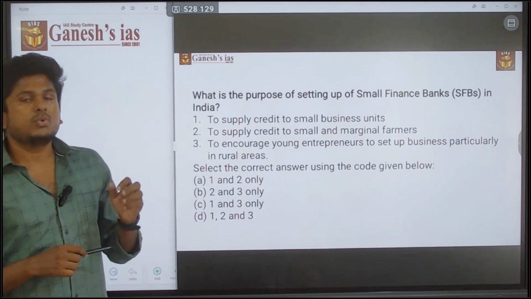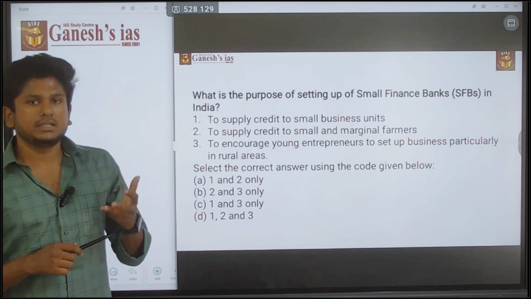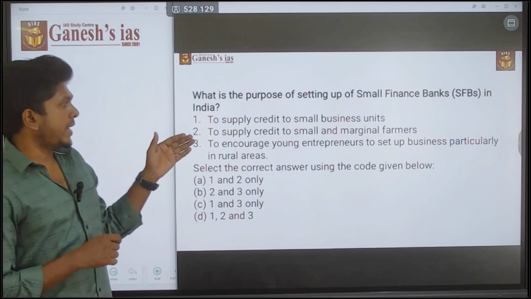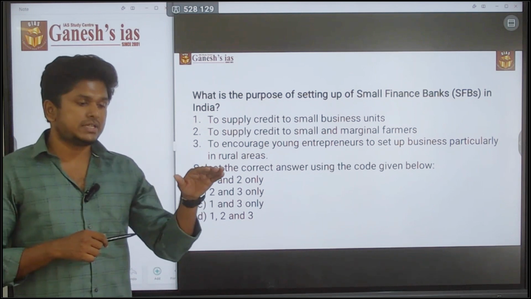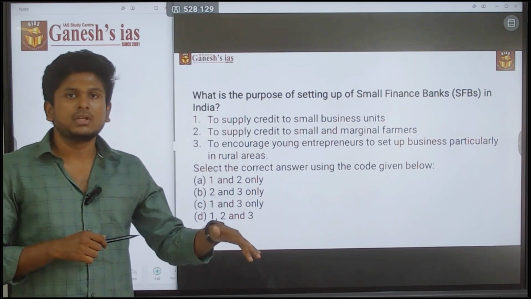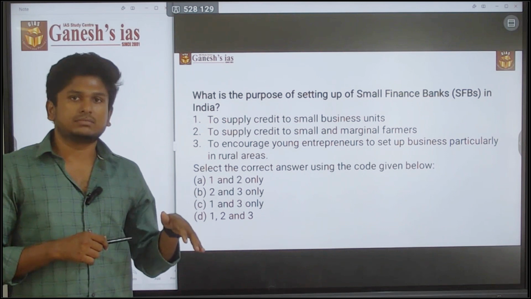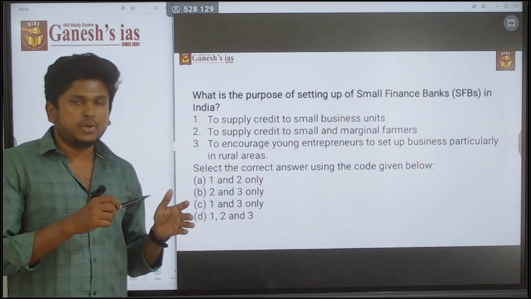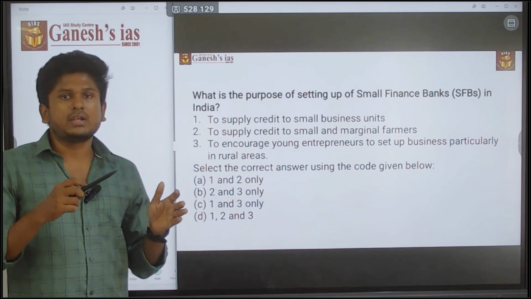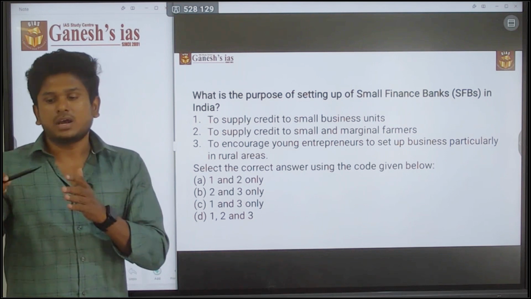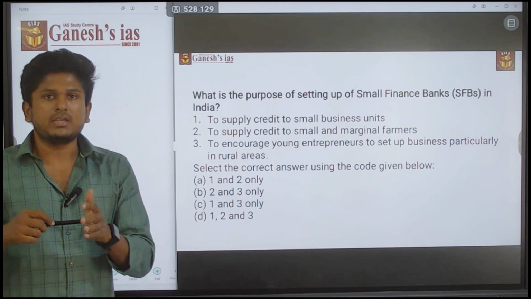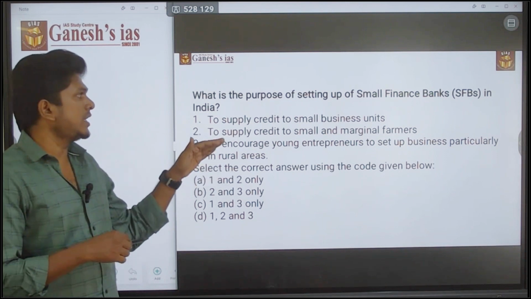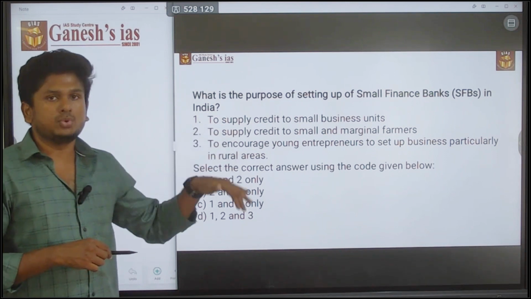This is how you have to find it. You have to think: they are a bank. How would they say that you have to set up business activities only in a rural area? Suppose a person thought of constructing a company in an urban area because there is a huge market, and he is asking for money. How will the bank claim that the person should construct the company in the rural area?